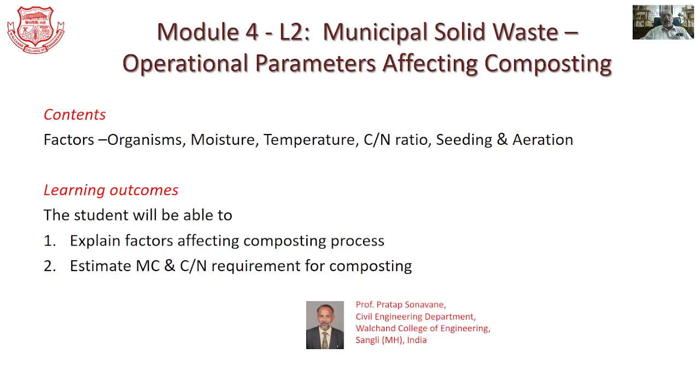As you learn the content, you will be able to explain these operational parameters that are factors affecting the composting process, as well as estimate moisture content, carbon content, as well as C to N requirement to facilitate the composting process.